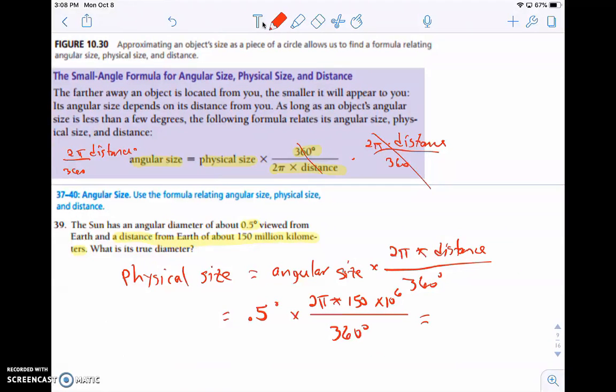It's like 130,900 something thousand, but I'm going to round it to three significant digits. So 131 million, or 1.31 times 10 to the 6th, and this is in kilometers. So that's a rough way to estimate the diameter of the sun when you're here on the Earth.